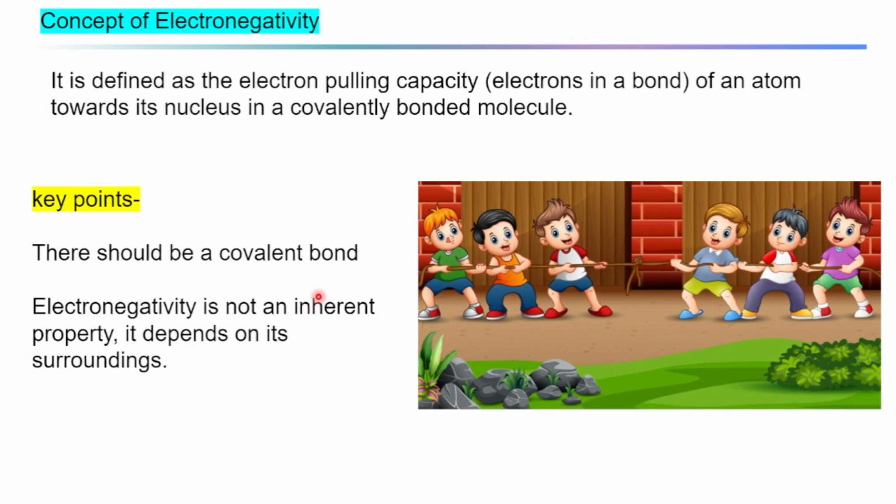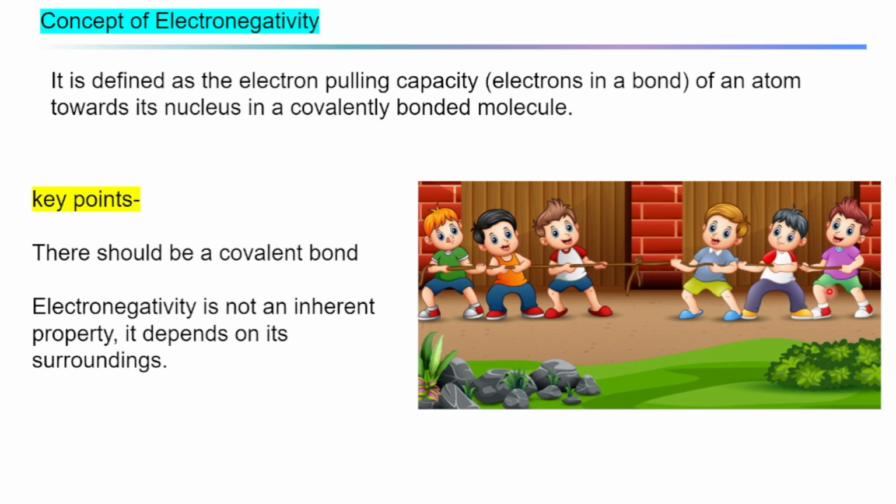So first, try to understand what electronegativity is. You have already seen, I guess, the rope pulling game. There are two teams, and both teams try to pull the rope to their side. If this team can pull the rope to their side and these members come this side, this team wins the game.